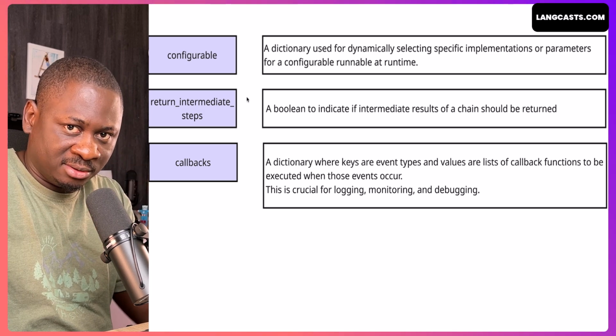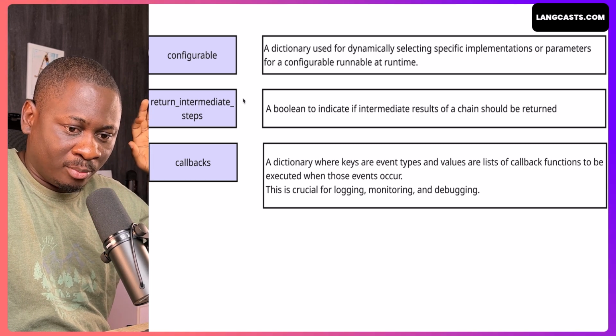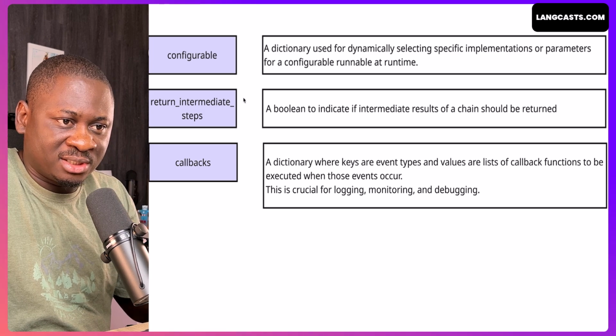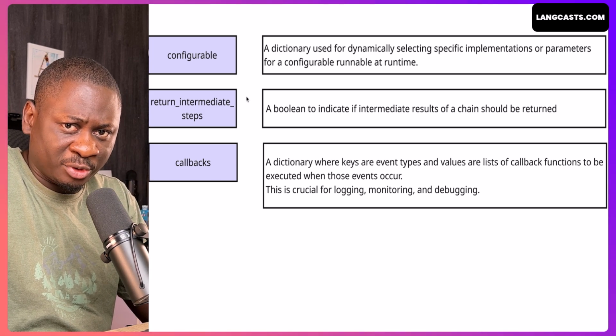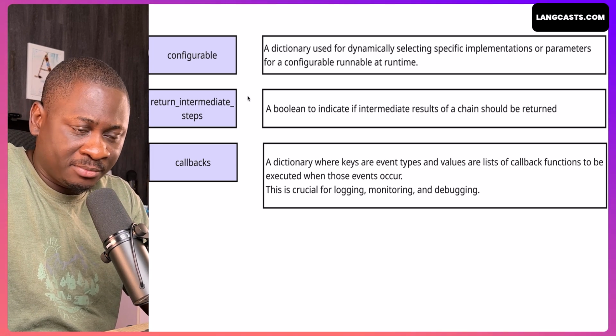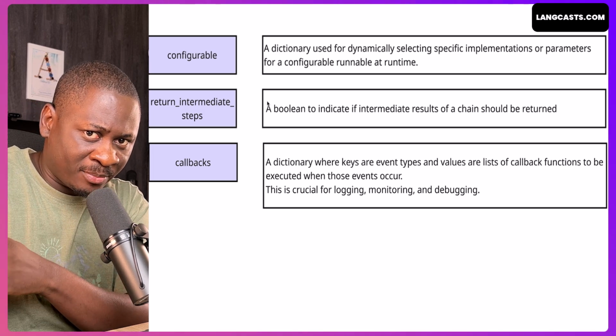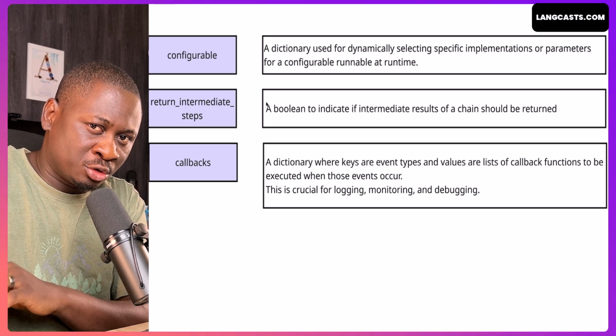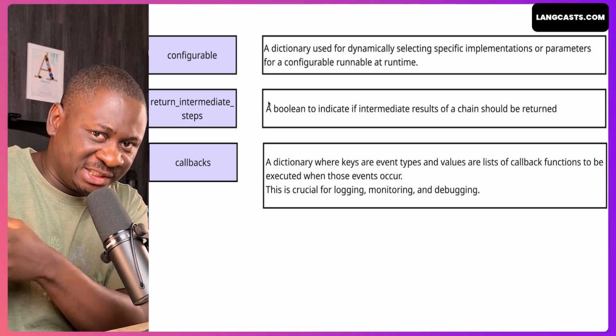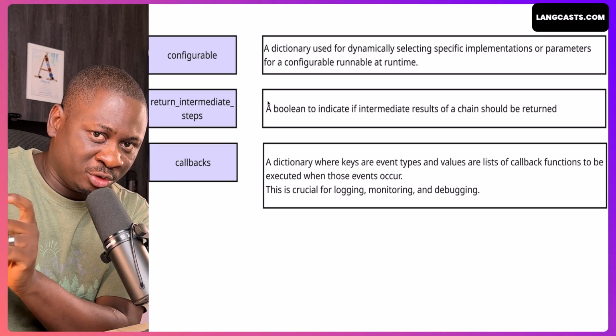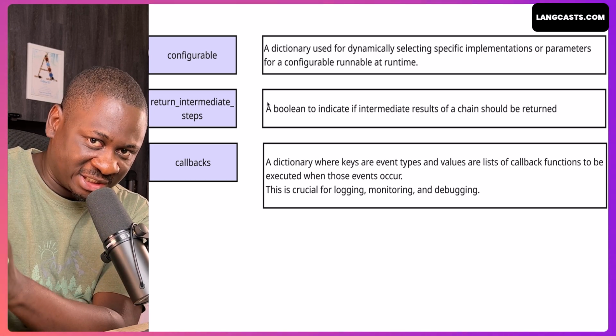So the chain is already set up, the model is initialized, let's say with a certain temperature, like 0.1 or 0.3. But for a particular run of that chain, you want to change the temperature. So this is not you changing the old chain. This is you changing a runnable within the chain.